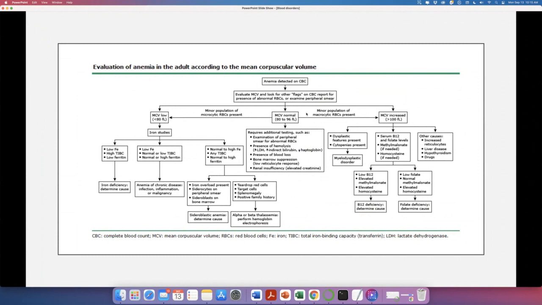Depending on the CBC and depending on the MCV, mean corpuscular volume, we are going to separate the etiologies of anemia into 3 groups. Normal MCV, that is called normocytic. Let me write it there. Normocytic anemia.